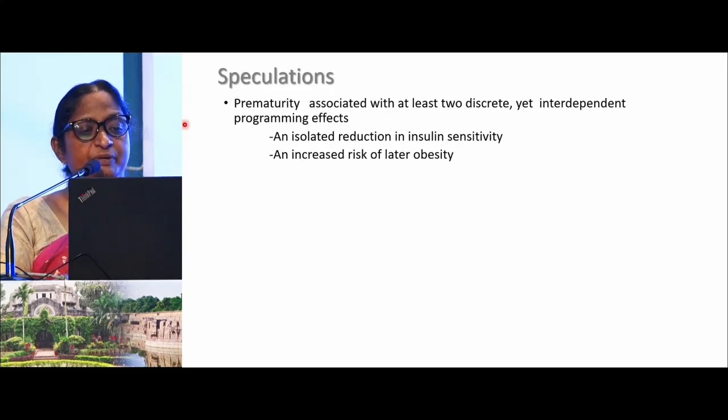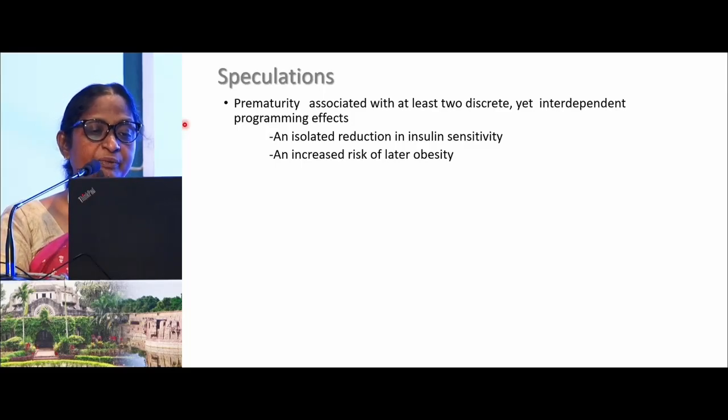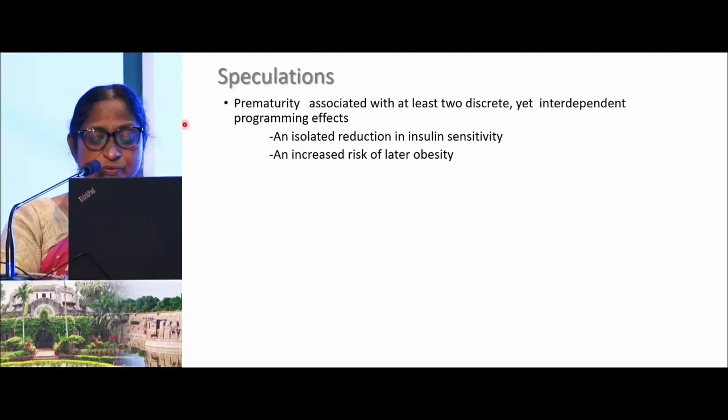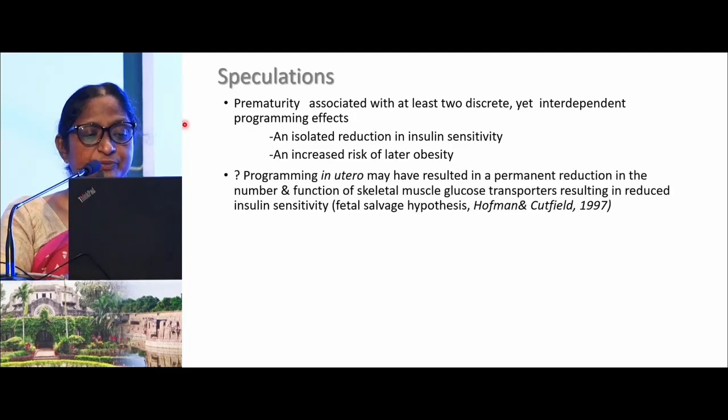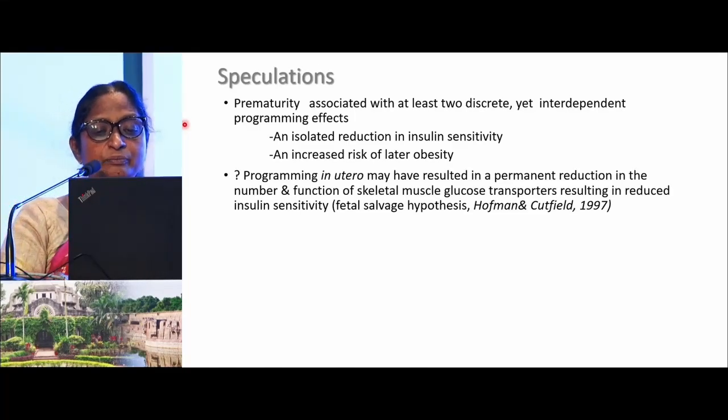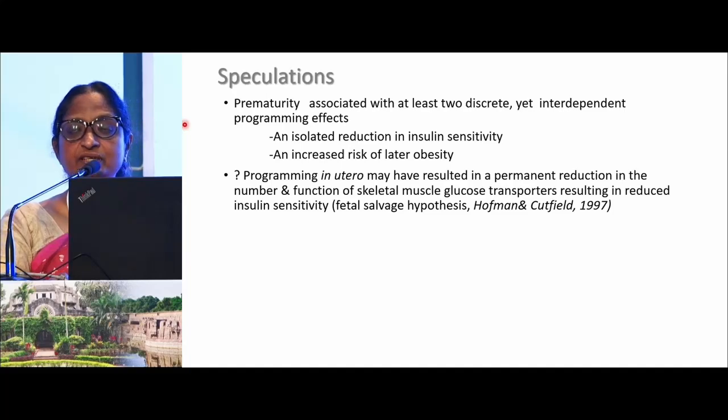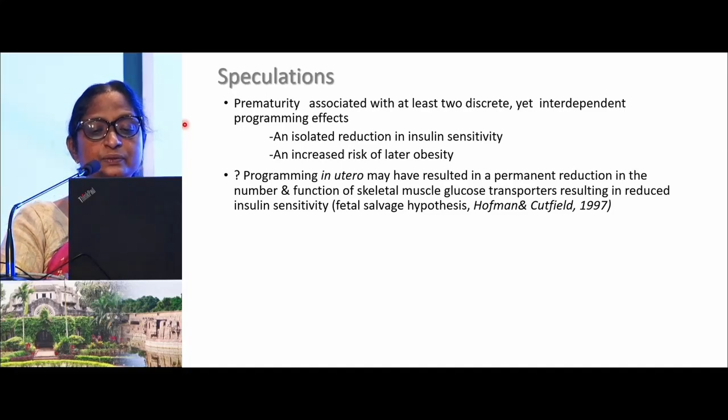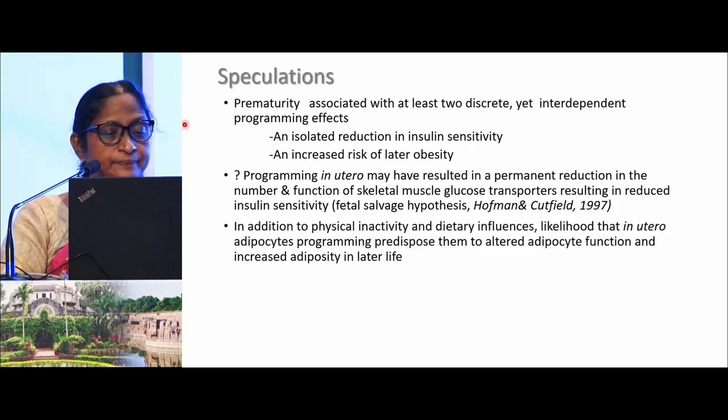We speculate that prematurity is associated with at least two discrete yet interdependent programming effects, one on insulin sensitivity and the other on later obesity. We speculate that programming in utero may have resulted in a permanent reduction in the number and function of skeletal muscle glucose transporters, resulting in reduced insulin sensitivity.